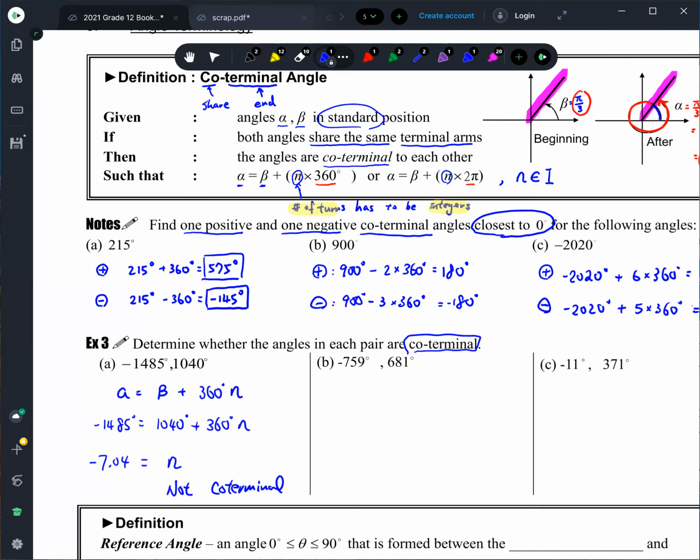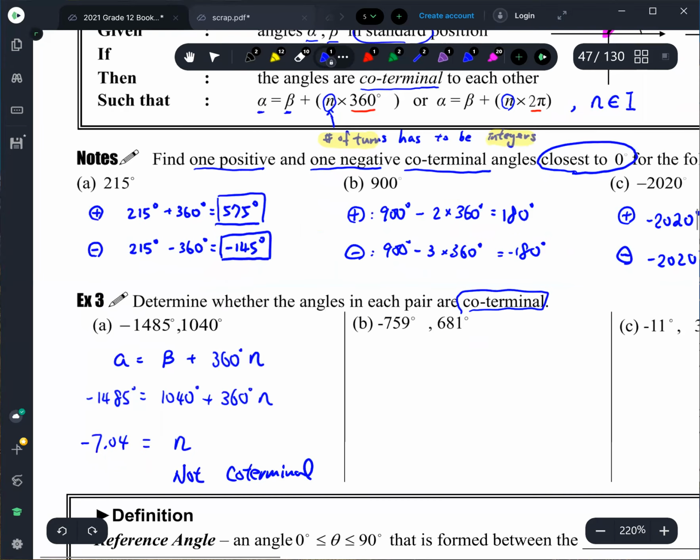Okay, if it's something like huge angles like these, you can use the formula, plug it in, right? If something that's smaller, you could just use add and subtract 360 to see if it becomes the other ones.